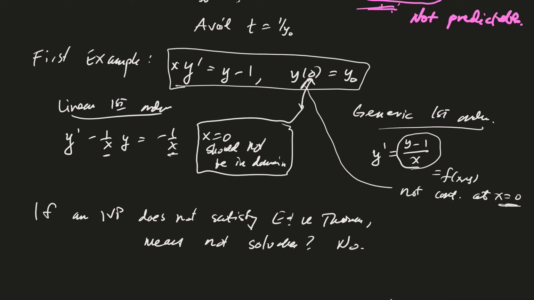No. It just means that we cannot guarantee anything. Anything may be possible. Meaning it may have a solution, it may not. If it does have a solution, it may have one, or it may have multiple.